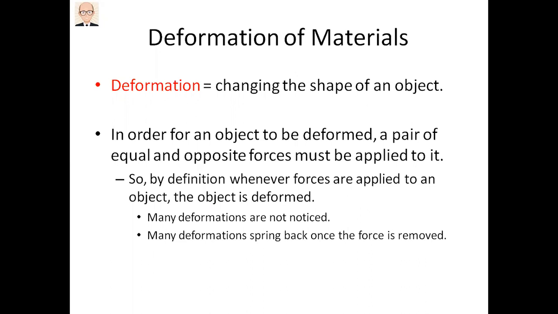And we have some properties for deformation. Many deformations are not noticed, and many deformations spring back once the force is removed. So if there is no force acting on the matter, many materials can go back to their original state. Now let's see in detail.